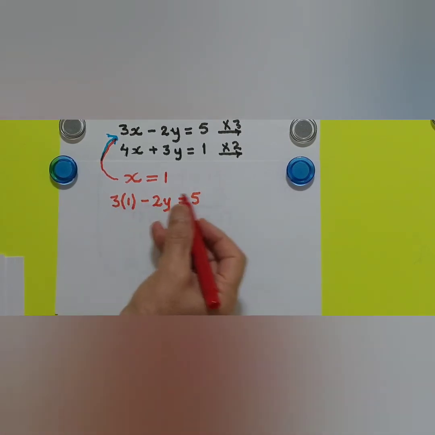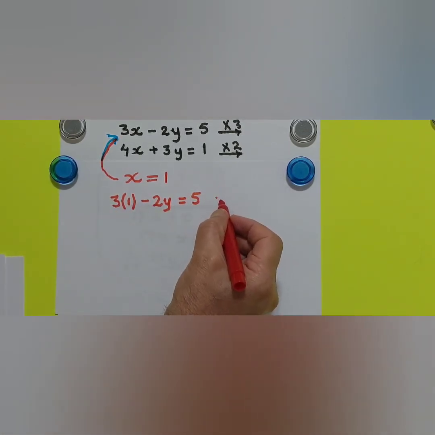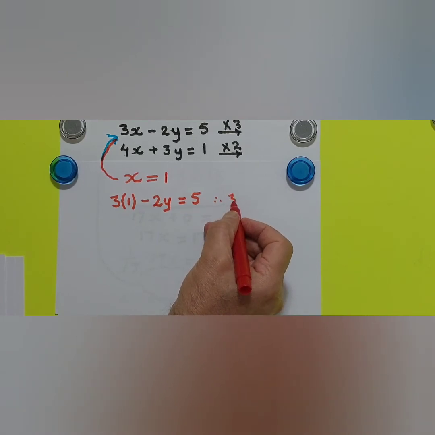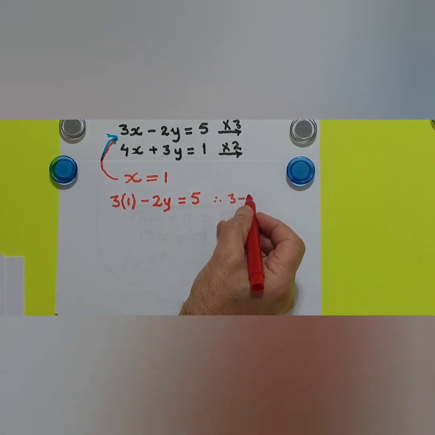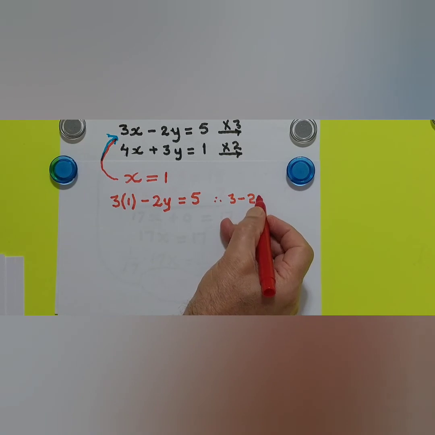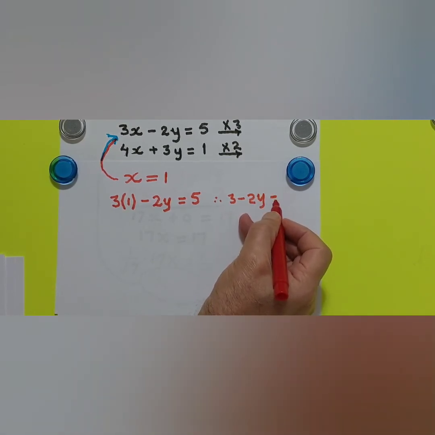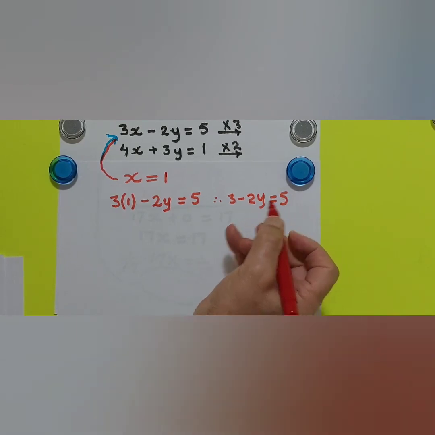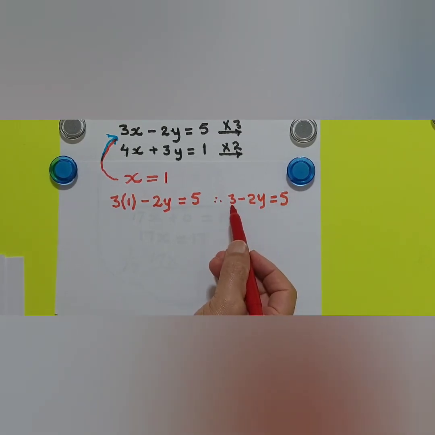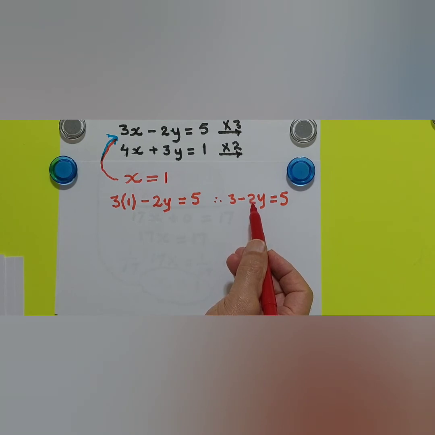Here, 3 times 1, that means 3, minus 2y is equal to 5. We will do the same as we did in question number 1, where first step we moved 3 to the other side of the equation, then we moved this.